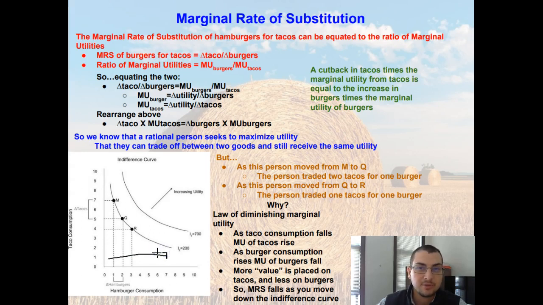The very simplistic reason why is the law of diminishing marginal utility. Because as our taco consumption falls, we place more value on those tacos, and as our hamburger consumption rises, we place less value. So we're willing to give up fewer tacos for the same amount of hamburgers because our utility is higher on those tacos the less we consume.